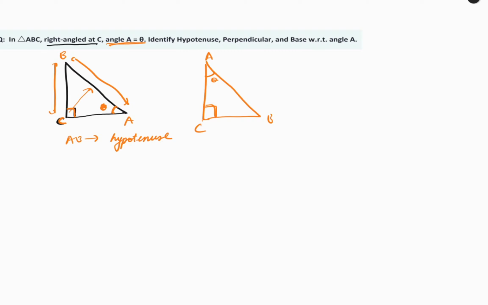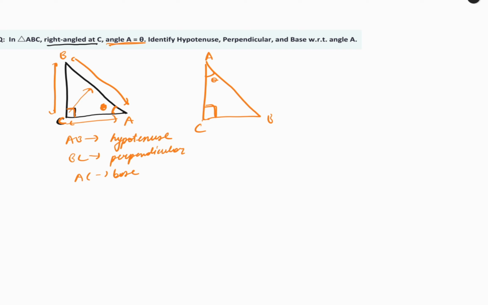This is perpendicular, so BC would be perpendicular. Now if I talk about base with respect to angle A, तो हमारा बेस क्या हो जाएगा? AC, right? So AC will be our base.